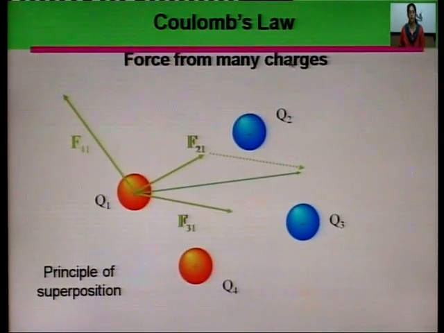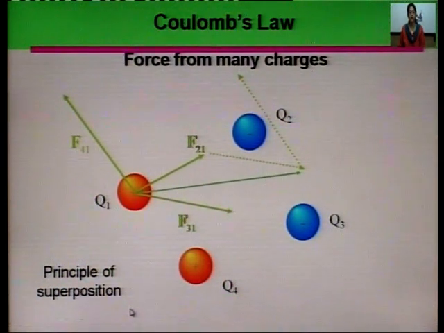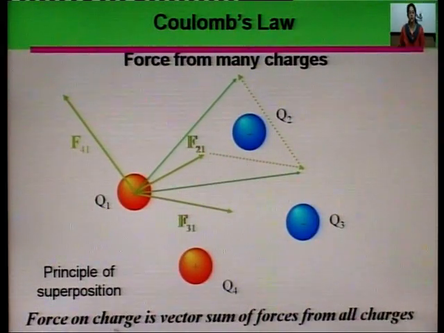For forces from many charges, we follow the principle of superposition. The force on a charge is the vector sum of forces from all charges.